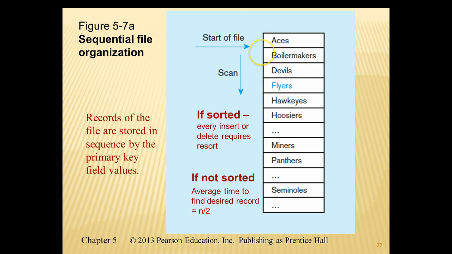So when you are searching for a specific value within a file like this, for instance when you're looking for flyers, it will start at the top of that sequential file and seek all the way down until it finds the value you're looking for.